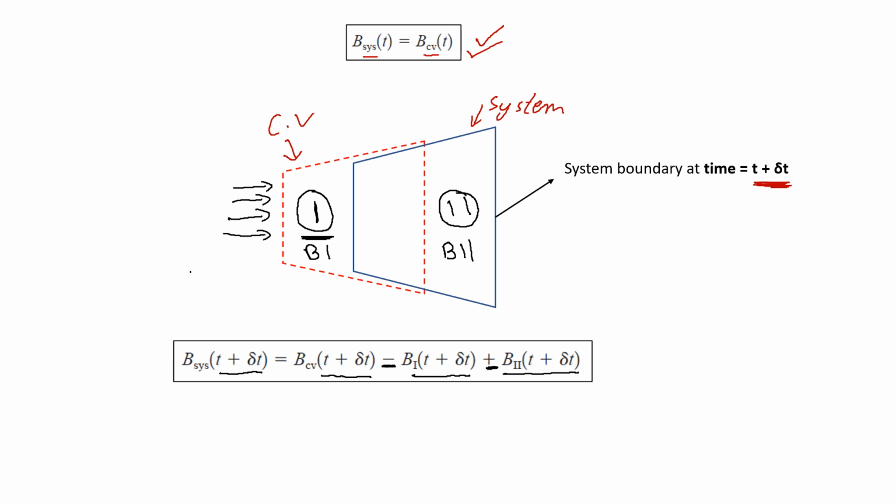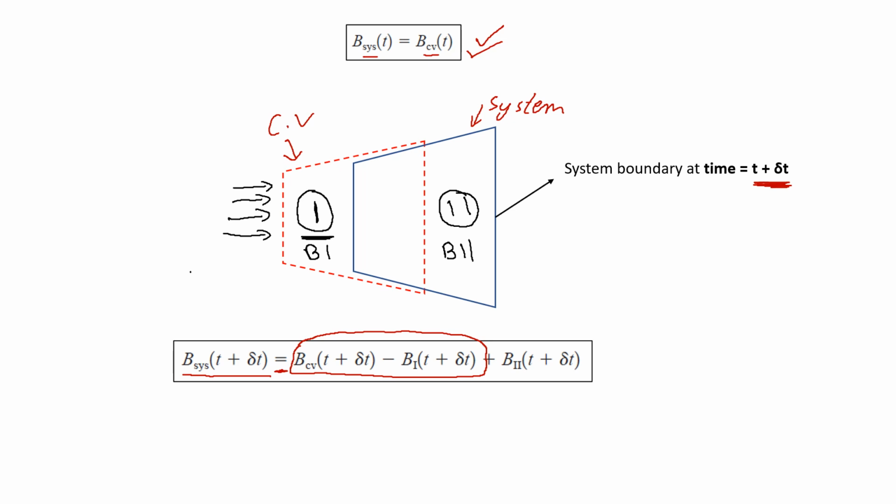Now what does this mean? Here we are going to talk about the left hand and right hand side of this equation and explain it a little further. I am more concerned about the extensive property of the system at this time, and I am equating it to other terms. So let's take this term, the extensive property of my control volume minus the extensive property of my fluid that is going into the system.